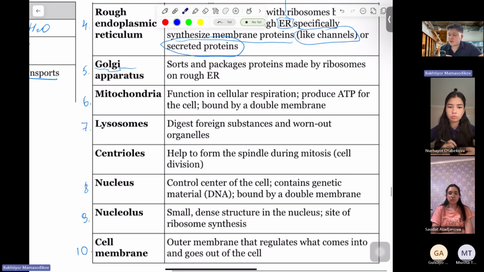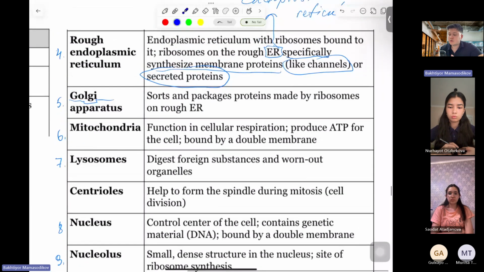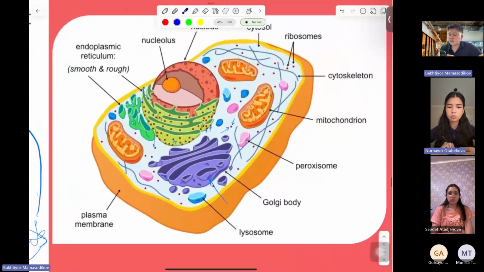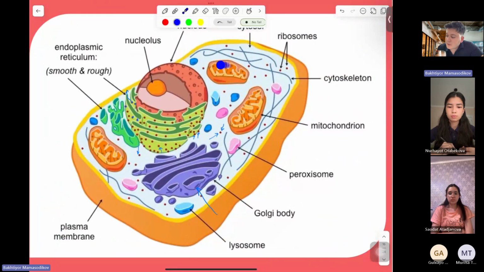So mitochondria, what's mitochondria? Who knows? Mitochondria provides the cell with energy. Yes, first of all, it takes part in cellular respiration. They make ATP, adenosine triphosphate, which is the energy for the cell. The third characteristic of the mitochondria is that it's bound by two membranes.